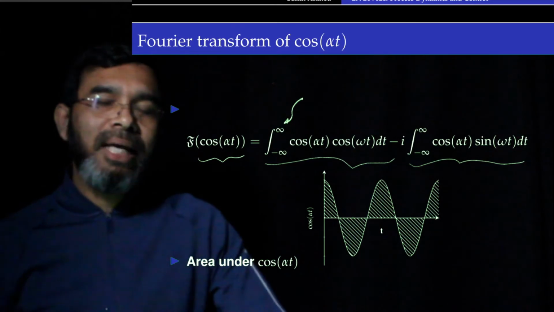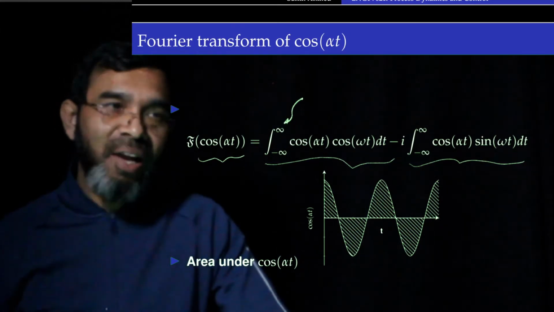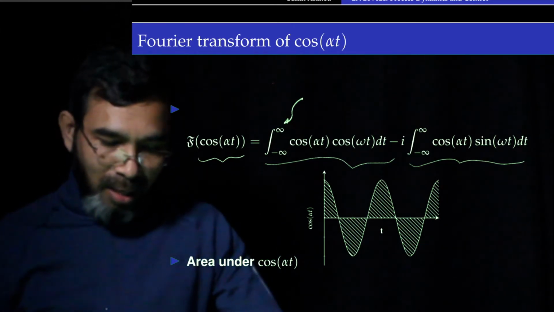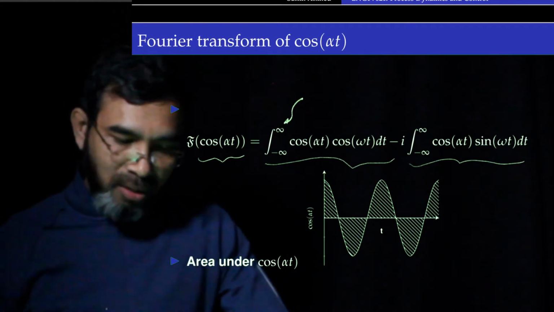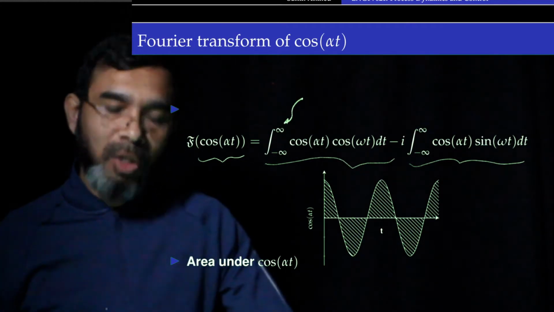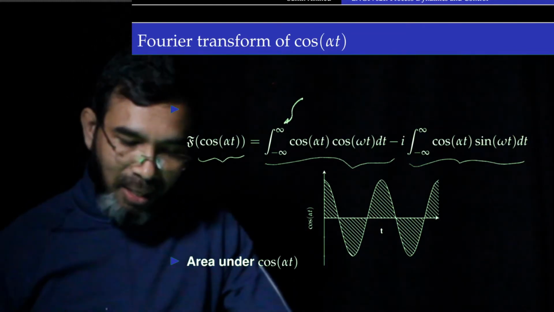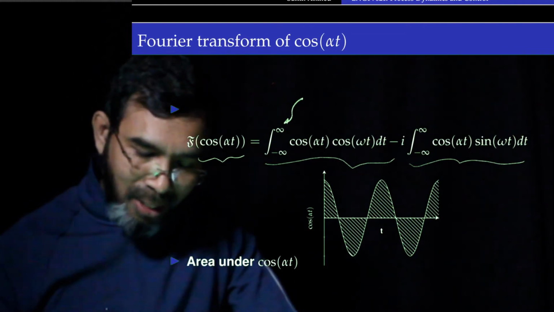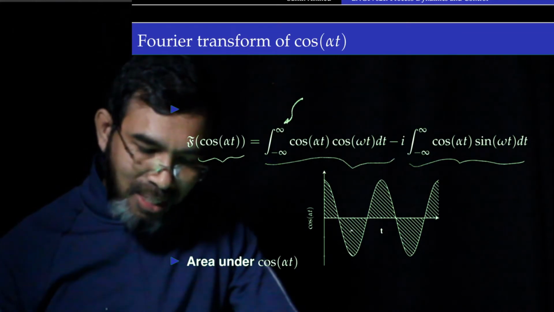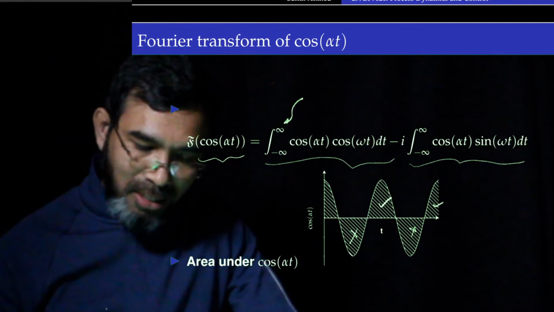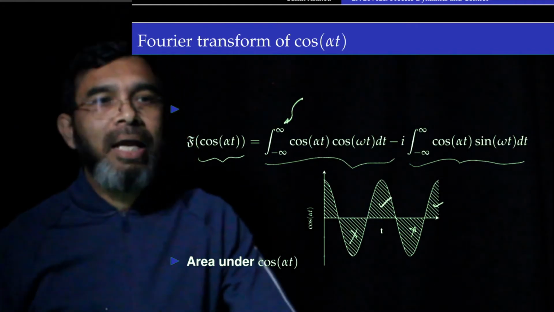Now let's take a look at what the values are for these integrals. You know the cosine or sine functions are symmetric. So if you take the integral over the entire horizon, from negative infinity to positive infinity, you end up getting an area of 0. This is a negative area, this is a positive area, this is a negative area, and this is a positive area, and they go on from negative infinity to positive infinity.